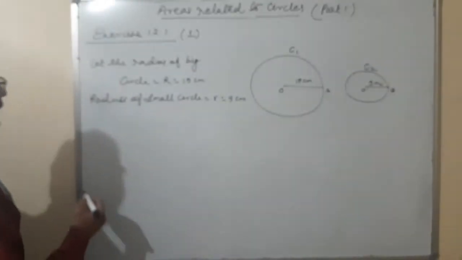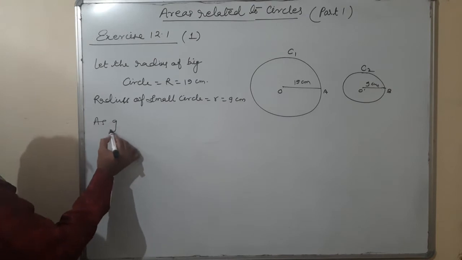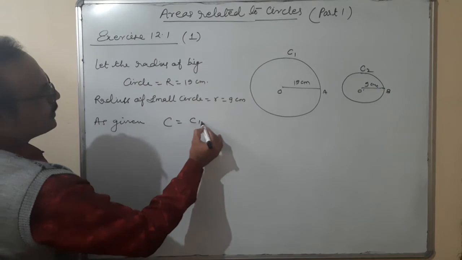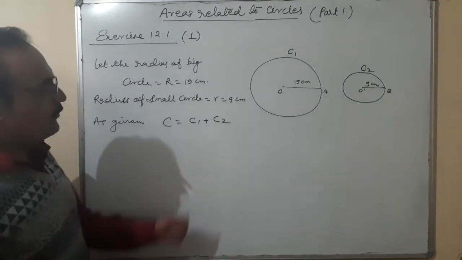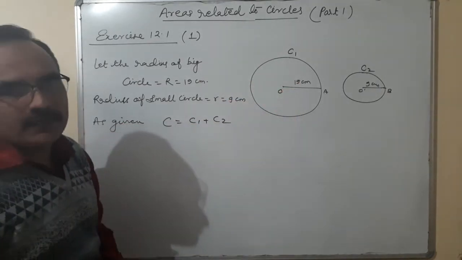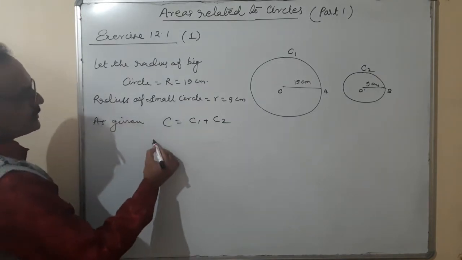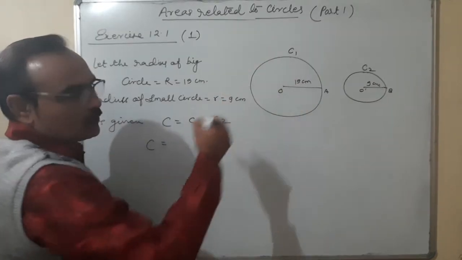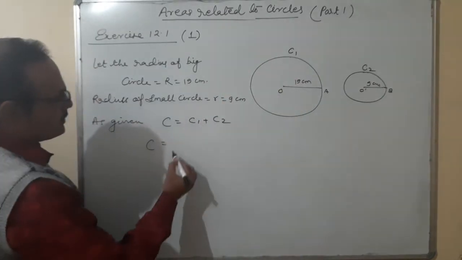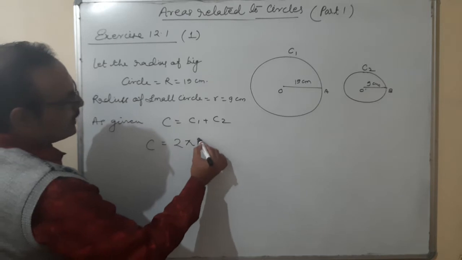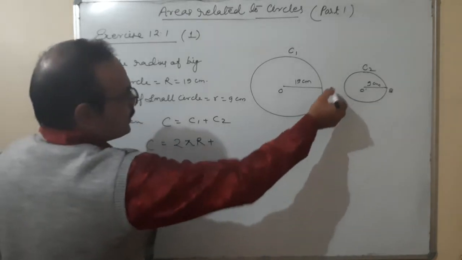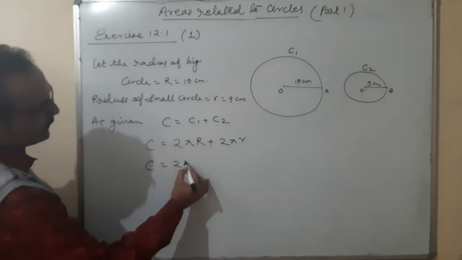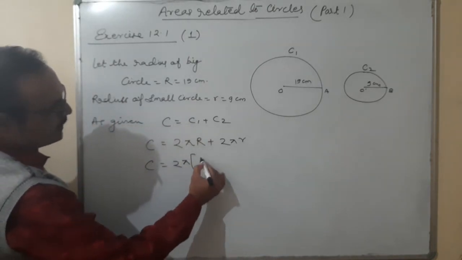So as given, circumference capital C is equal to C1 plus C2, where C1 and C2 are the circumferences of the two circles. The formula of the circumference of a circle is 2 pi r. So C is equal to 2 pi capital R plus 2 pi small r, that is 2 pi common, R plus r.